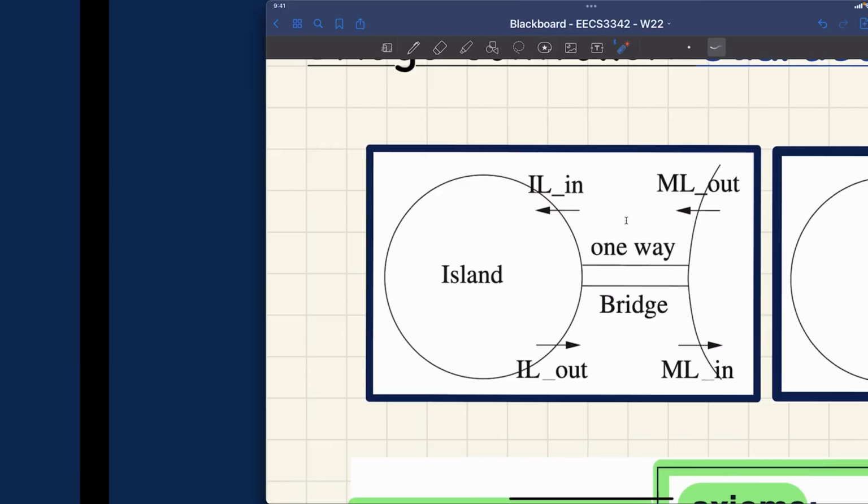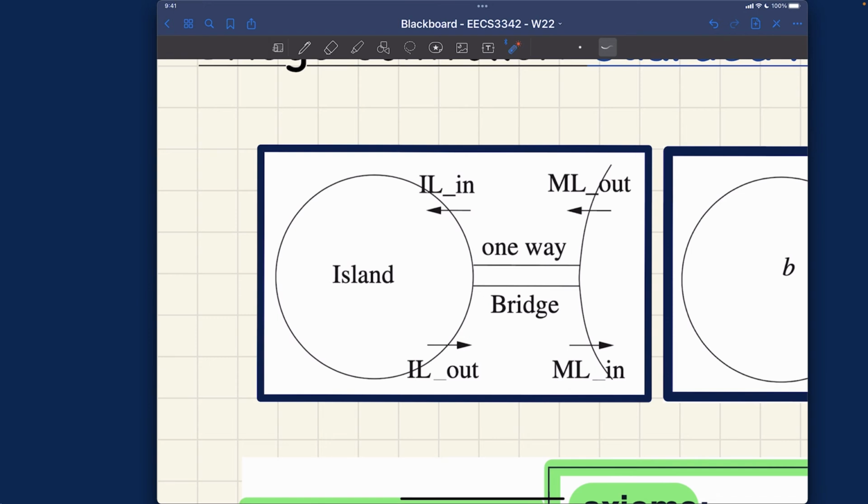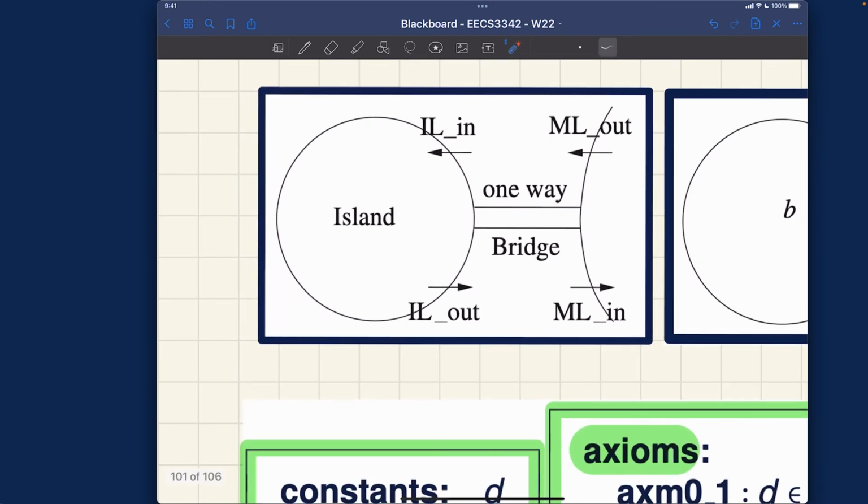What does that mean? Let's take a look. And let's now look at this diagram over here. We already spoke about one single occurrence of ML out, which talks about a car going from the mainland onto the bridge. And ML in talks about a car going from the bridge into the mainland, right? So these are the two events we spoke about. Now symmetrically, let's say there is a car on the bridge over here, and a car wants to go to the island.